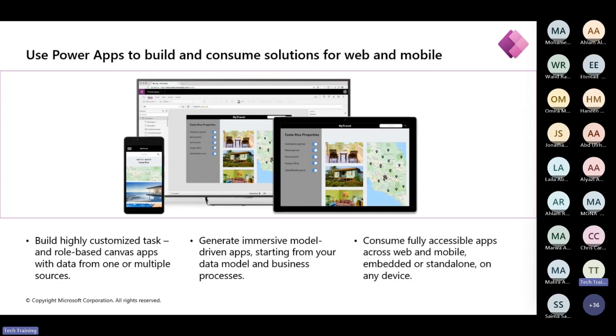I just press on create. It will take me to choices. How can I create, or what sources can I use? As you can see here, I have a blank application. I have a Dataverse. I have a SharePoint. I can create an application from Excel. And also you can see here that you have a video that will teach you how to start creating these applications.